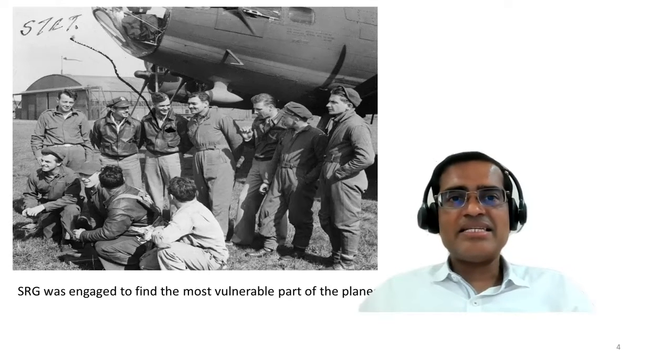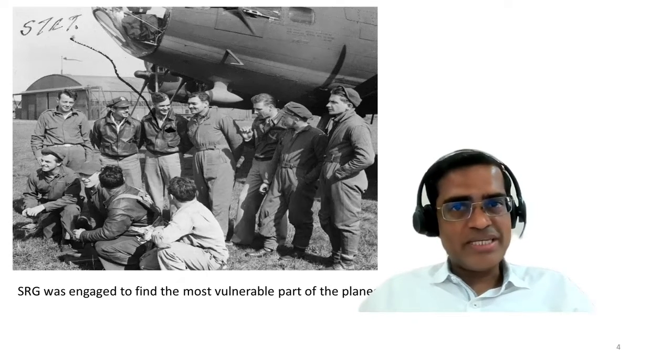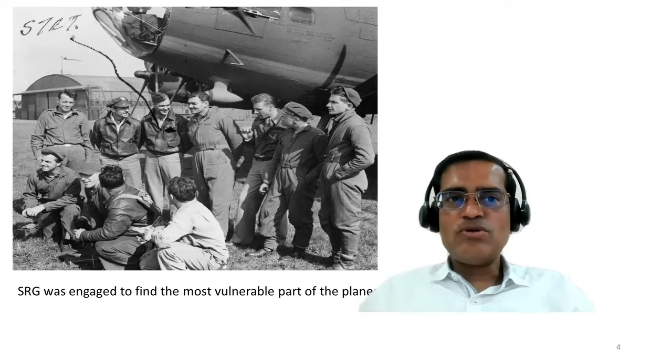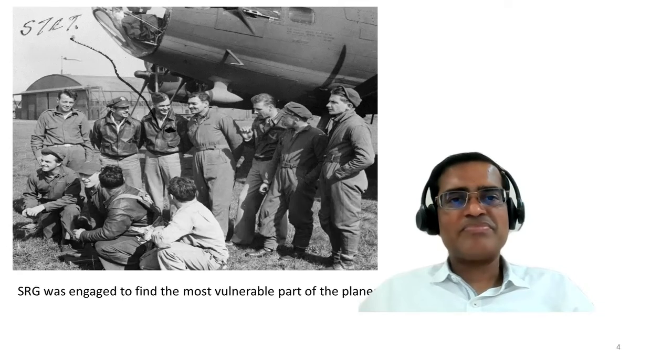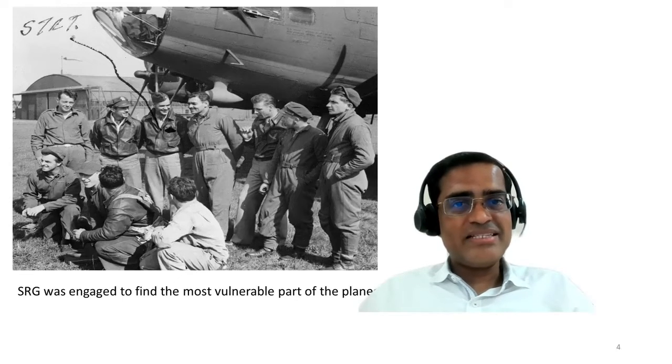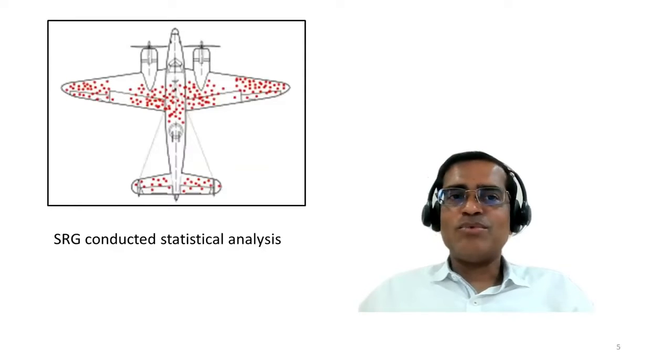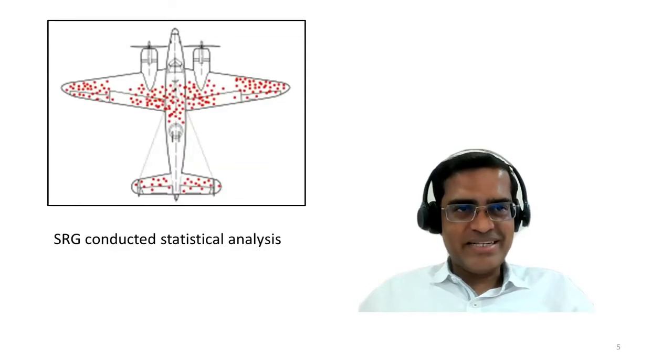The Statistical Research Group of the US Army was engaged for this task, and they tried to approach this military problem with a statistical research methodology to find out the most vulnerable part of the aircraft.